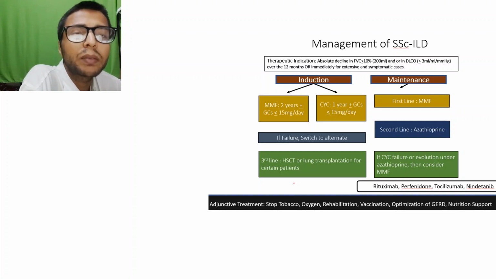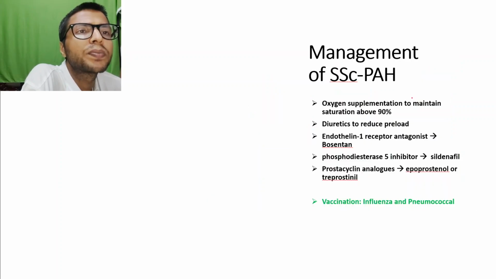And regarding treatment of systemic sclerosis related ILD, if the absolute decline in FVC is 10% or greater, or DLCO fall is 3 or greater over 12 months, or immediately for extensive asymptomatic cases, you can see mycophenolate or cyclophosphamide can be used. Okay, and for maintenance therapy we use mycophenolate.